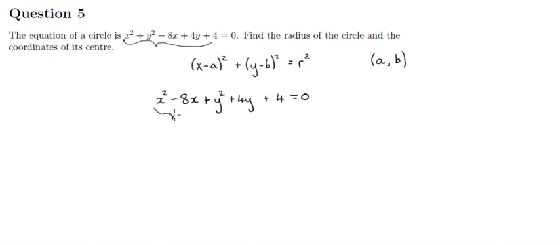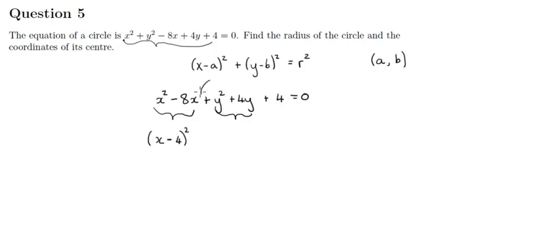So what we need to do is complete the square on the x terms, and then also complete the square on the y terms. So to complete the square on x squared minus 8x, all we do is we say x, and then we're going to half the coefficient of our x, which will be minus 8, so it gives us minus 4, and we square this bracket.